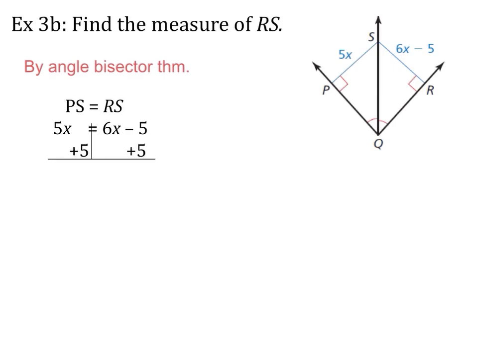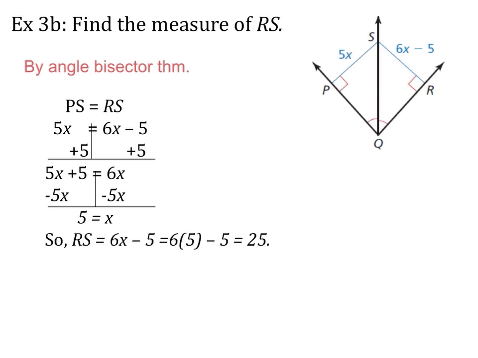Solving for x, we can add 5 to both sides, giving us 5x plus 5 equals 6x. Then we subtract 5x from both sides, resulting in 5 equaling x. So by substitution, 5 in for x, we can conclude that RS is a length of 25.